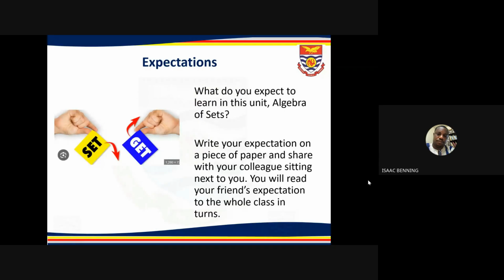Then Winnie is saying his expectation is to use laws like De Morgan's, solving set equations, and also Venn diagram. Then T Uniba is saying at the end, I should be a good problem solver in relation to set operation. Yeah, that's interesting. All right, so you all have good expectations.